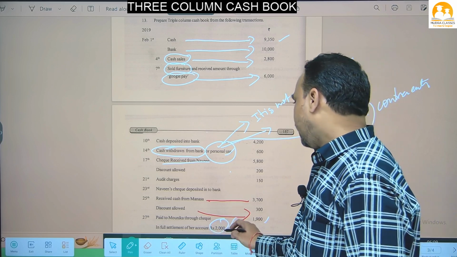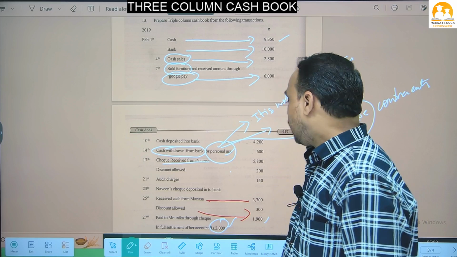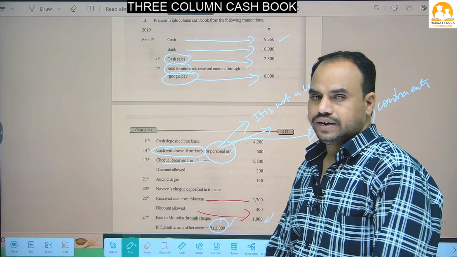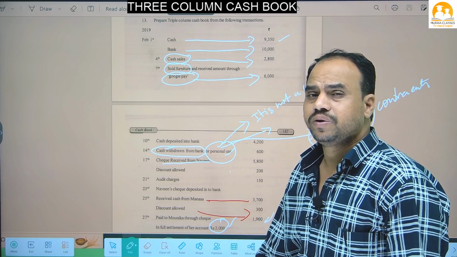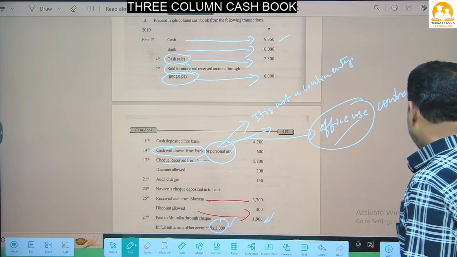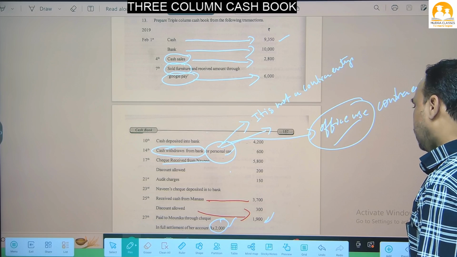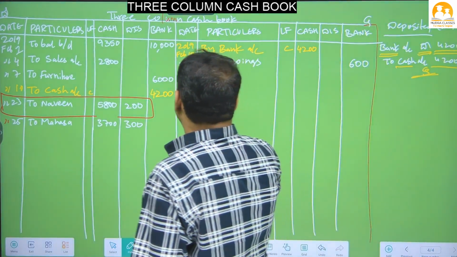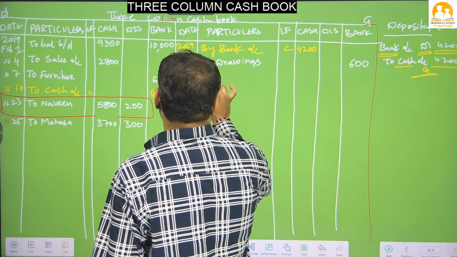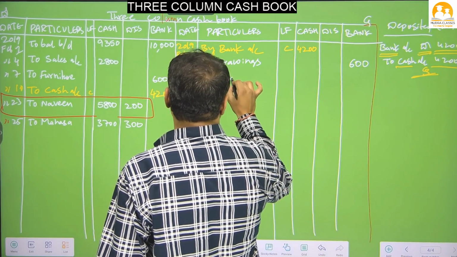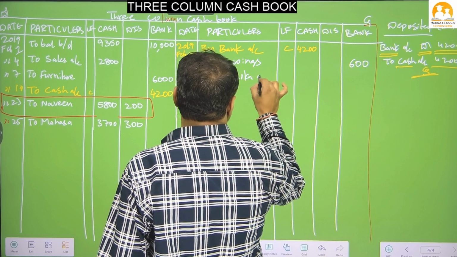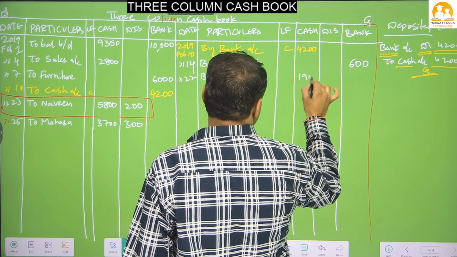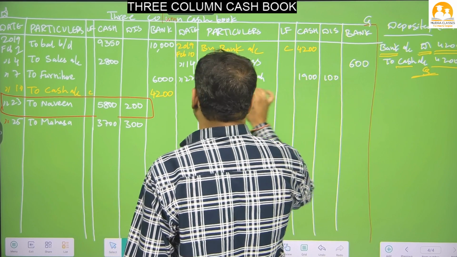So on the credit side we have to write date 27, by Monica. In the cash column write 1900 and in the discount column write 100 rupees.